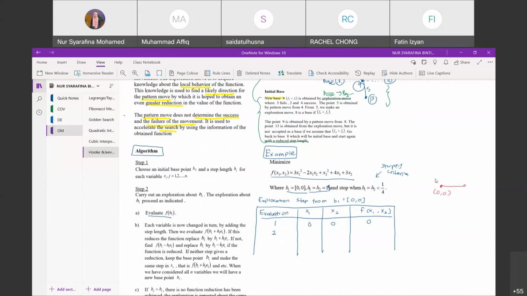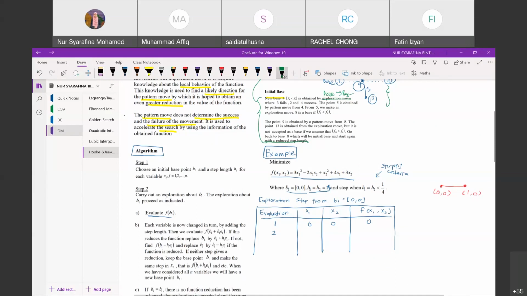What is the next evaluation point here? Okay, 1, 0. Understand this. Now your next evaluation point is 1, 0. So when x1 equals 1 and x2 equals 0, what is your f here?